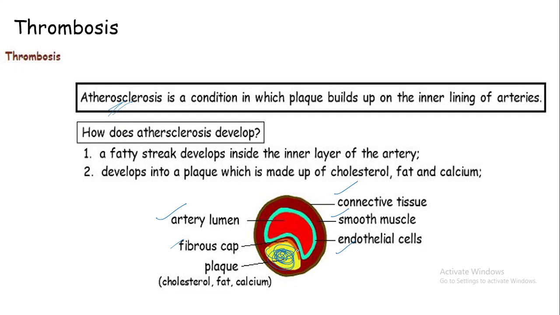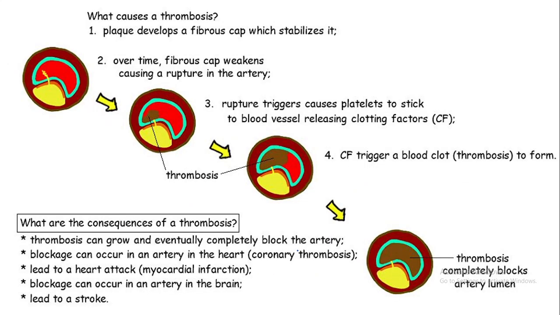Next, what causes thrombosis? The plaque develops a fibrous cap which stabilizes it. Over time, the fibrous cap weakens, causing the rupture of the artery. Rupture causes platelets to stick to the blood vessel, releasing clotting factors.